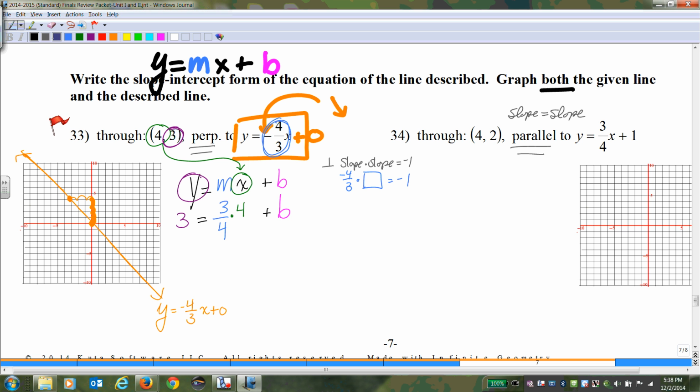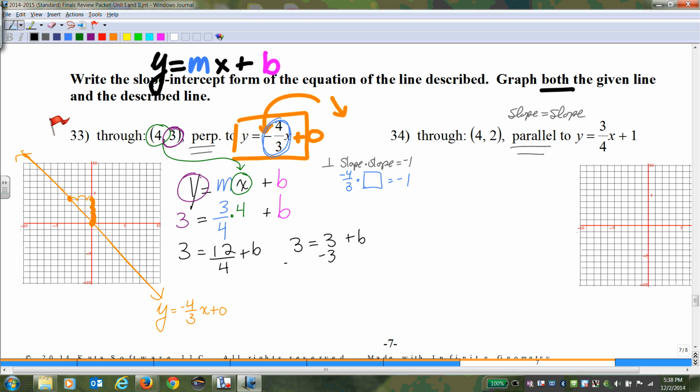So now we're going to solve. This is 3. This is 3 times 4. That's 12 over 4 plus b. We clean this up a bit, and we're going to end up with 3 equals 4 goes in there 3 times plus b.